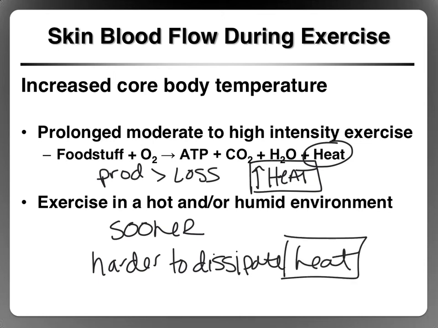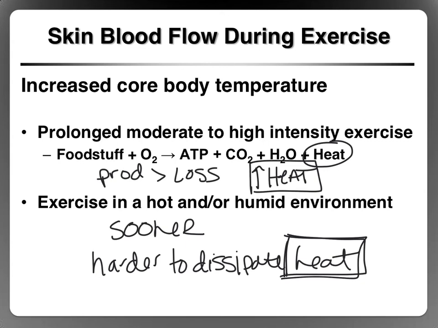So the same way that we talk about blood flow and the pressure gradient, blood going from high pressure to low pressure, heat also moves with a heat gradient from high heat to low heat. And so it's much easier to get heat off of your body when your body's hot and the environment's cold, because it's very easy to move heat from high heat to low heat.